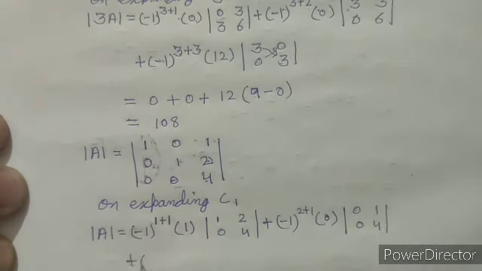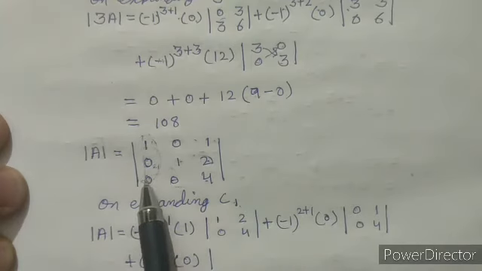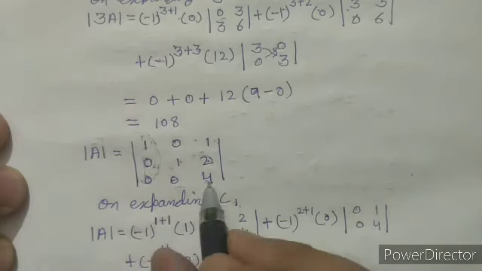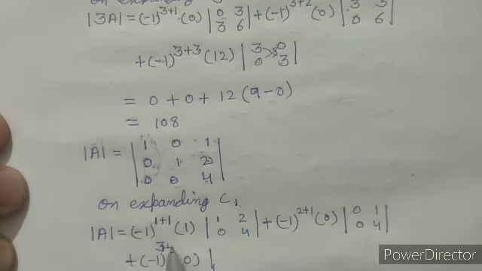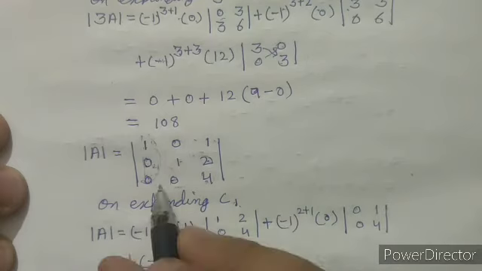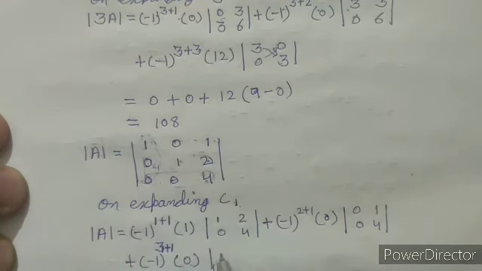Plus minus 1, now again 0 into 0. We are expanding column 1, the third element of column 1 was 0, and this is of row 3 and column 1. That was 0, and we will get the determinant of 0 1, 1 2.